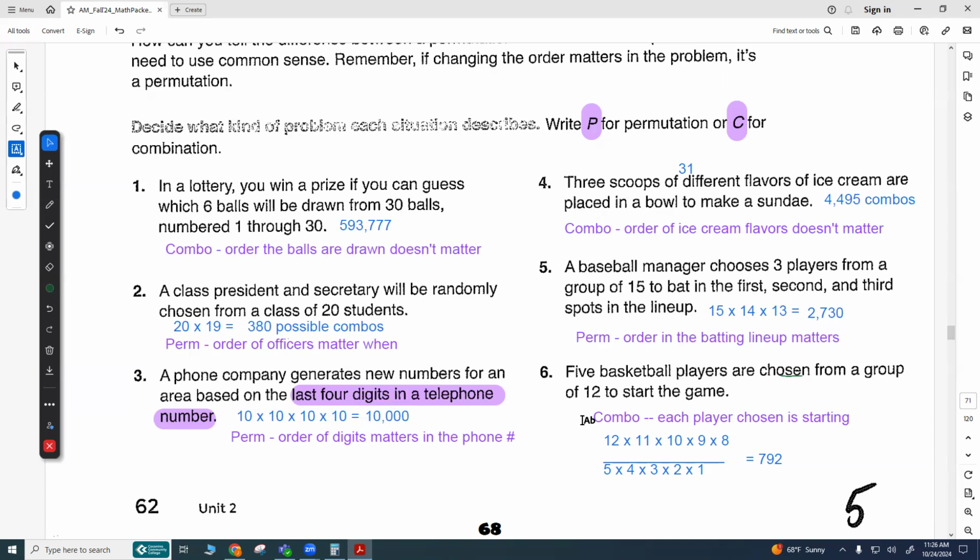You guys getting these numbers for 3 and 6? Sorry if I'm going fast here at the end. I'm giving you the answer.